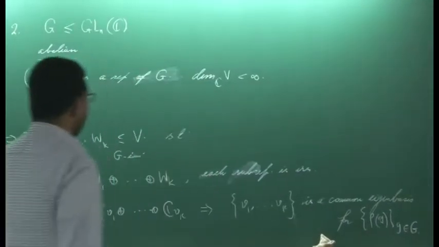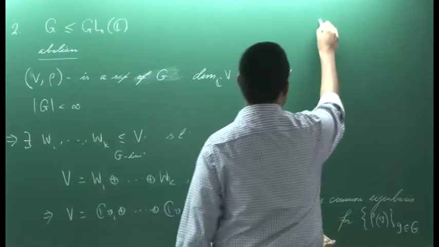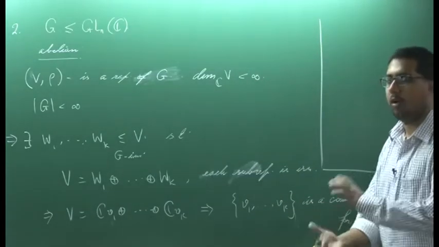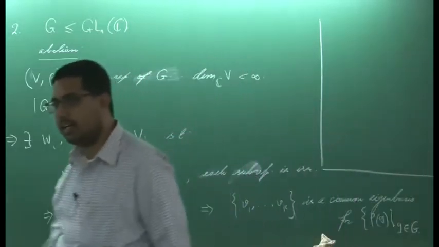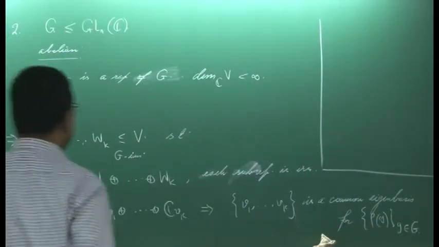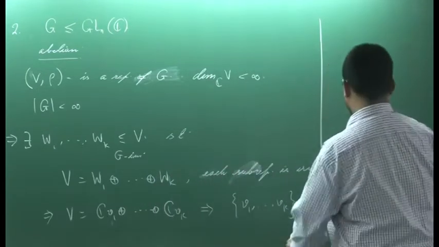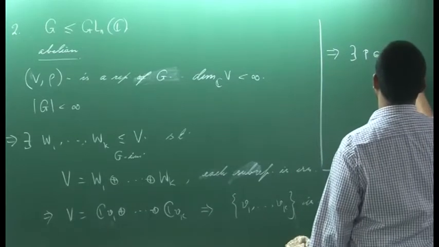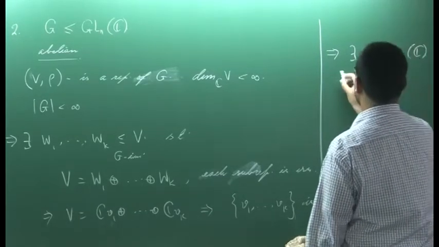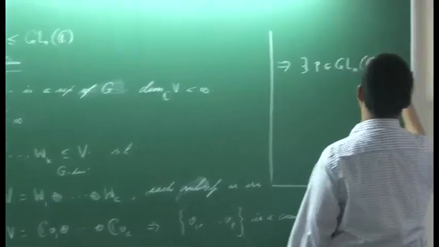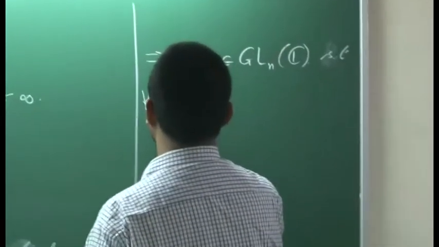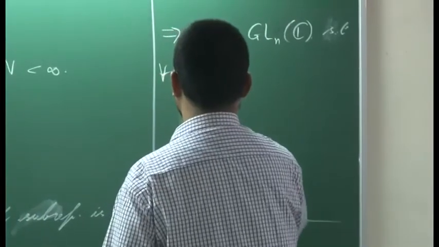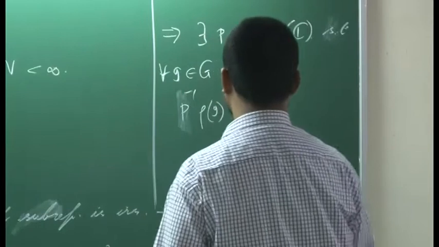That means we do have a single eigenbasis for all the linear operators rho g. So, it follows that there exists an invertible matrix P such that for every g in G, P inverse rho g P is diagonal.